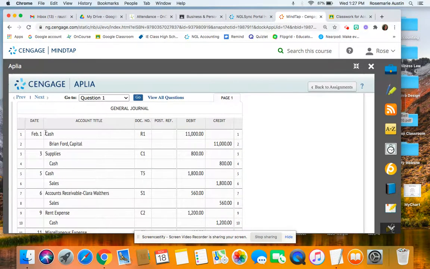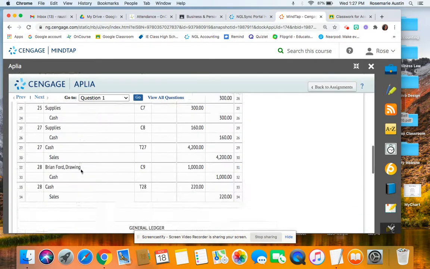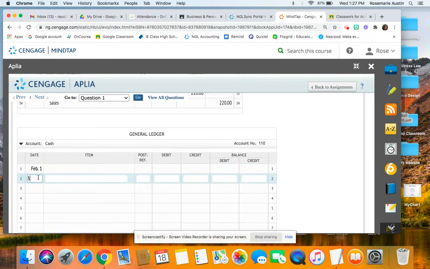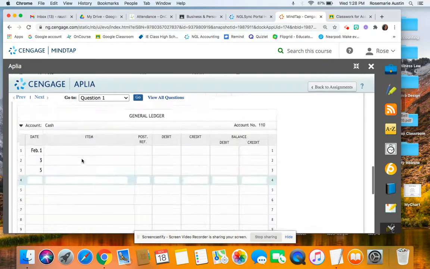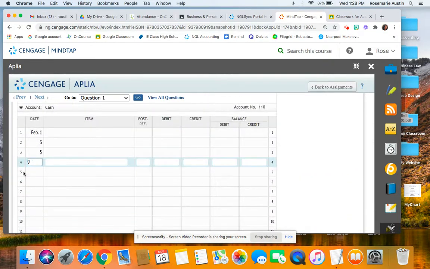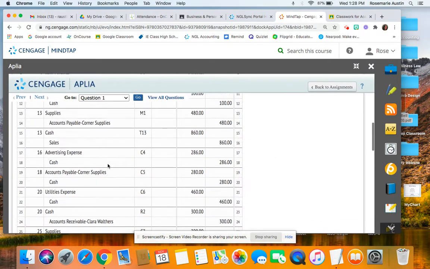So there's one on the 1st, one on the 3rd, and one on the 5th. Nothing on the 6th, one on the 9th and the 11th. Let's see what's after the 11th.